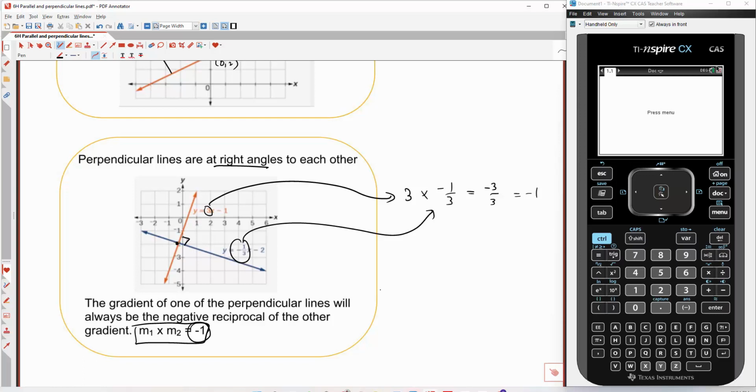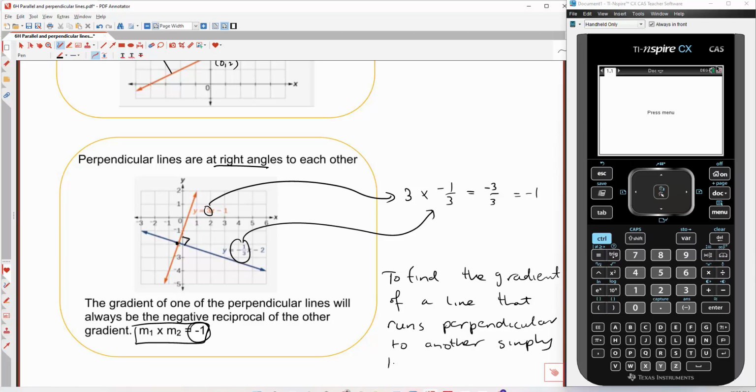That sounds a little fancy, but all it means is, to find the gradient of a line that runs perpendicular to another, simply negate and flip.